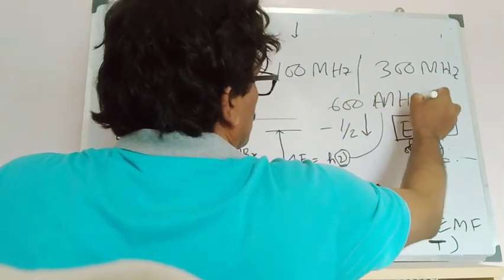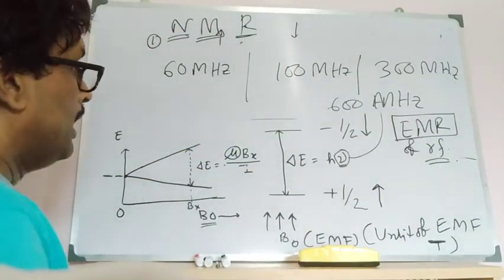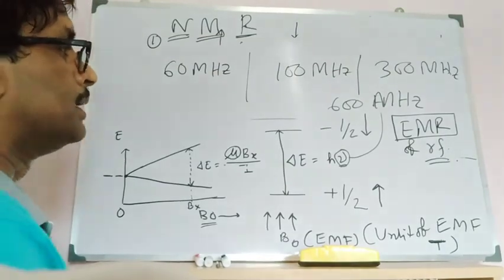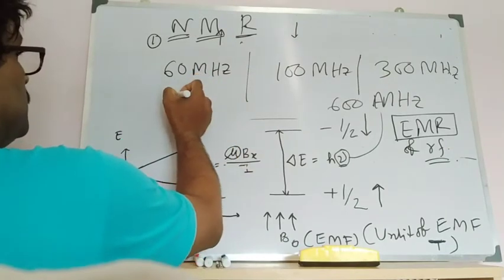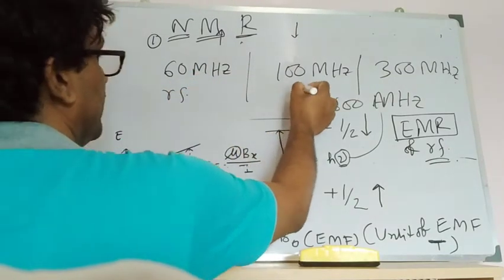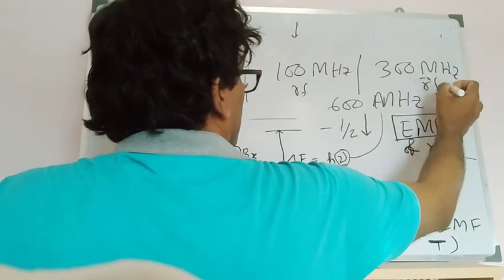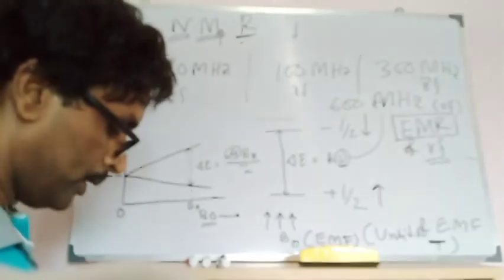So with an increase of the external magnetic field, the corresponding precessional frequency increases. That means your radio frequency has to be higher. So this is the actually supplied radio frequency range, and instruments are named by the range of radio frequency.